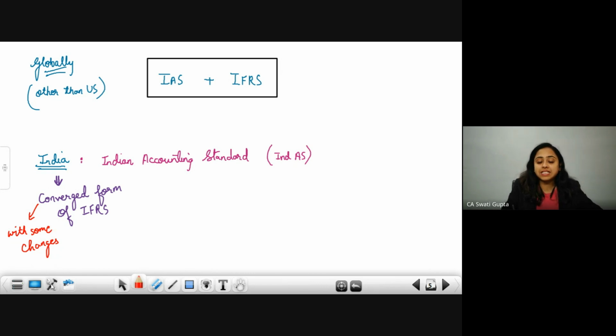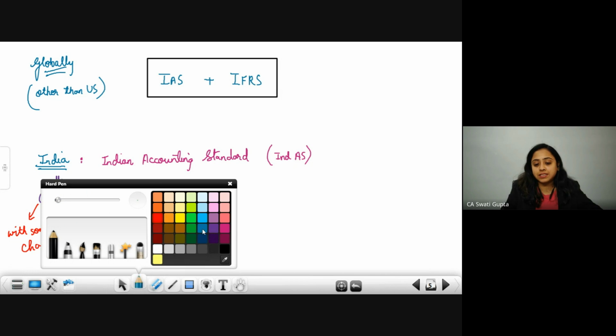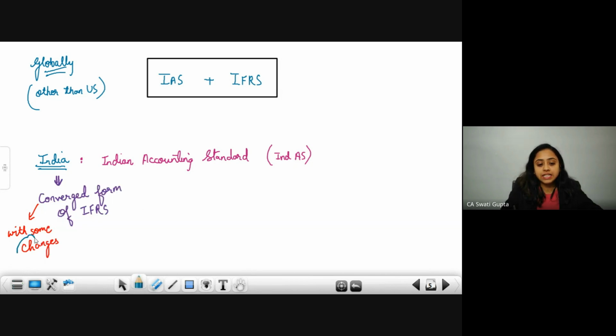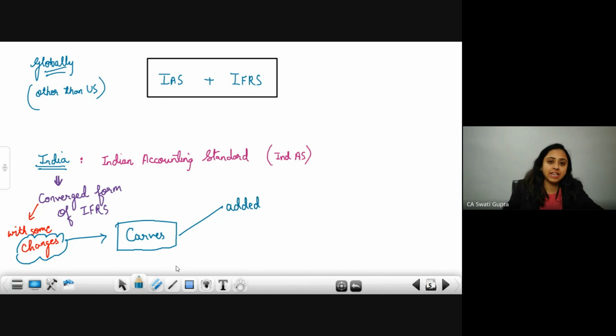Now, what are these changes? These changes are known as carves. If something has been added in the Ind AS which was not present in IAS and IFRS, then we say it's a carve in.